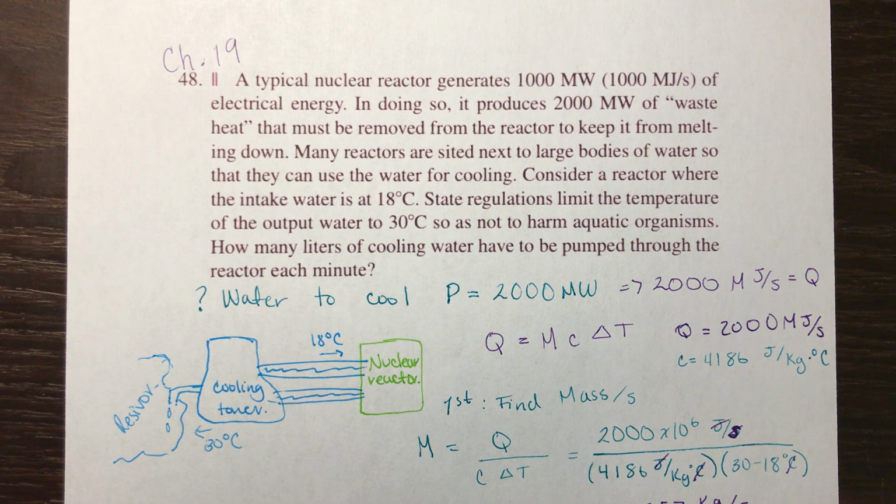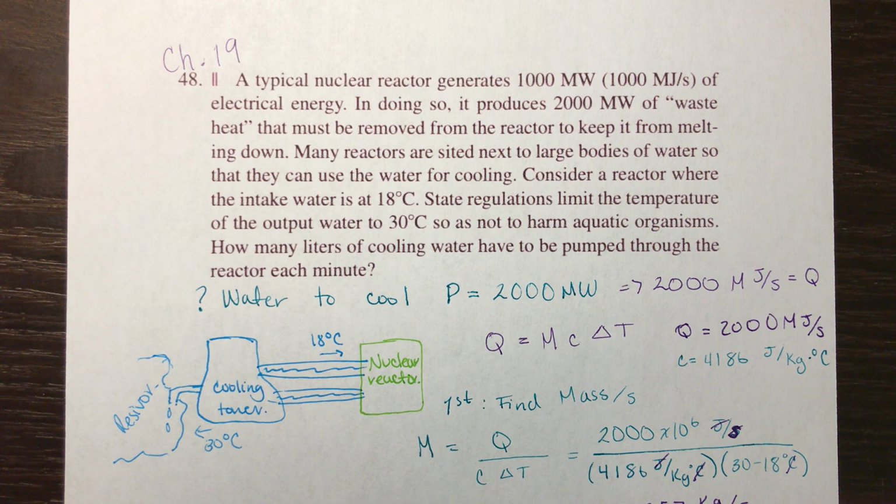The problem states a typical nuclear reactor generates 1,000 megawatts of electrical energy. In doing so, it produces 2,000 megawatts of waste heat that must be removed from the reactor to keep it from melting down. Many reactors are sited next to large bodies of water so that they can use the water for cooling.